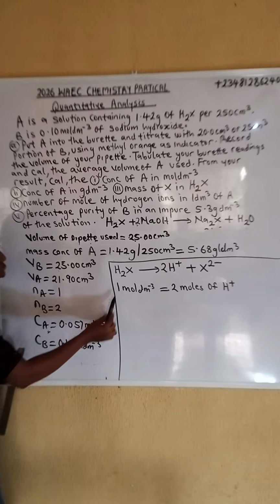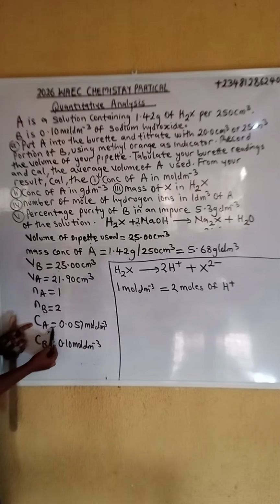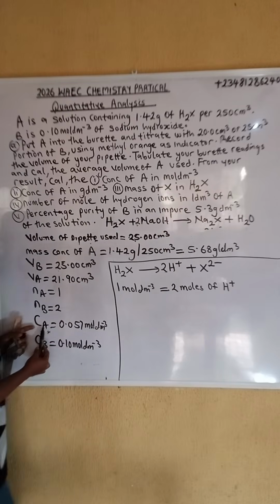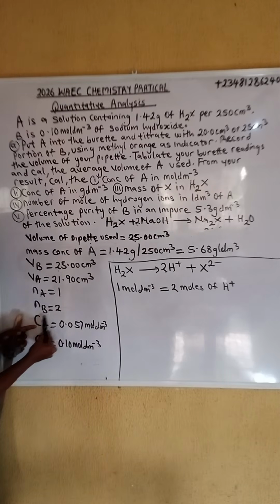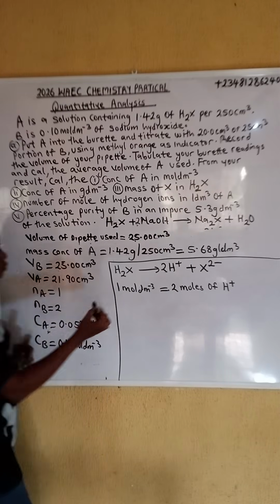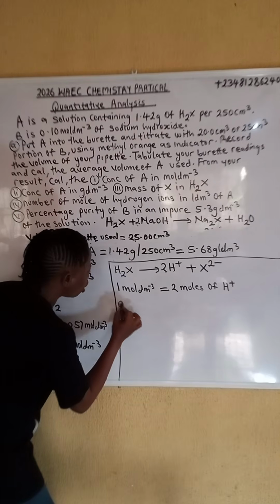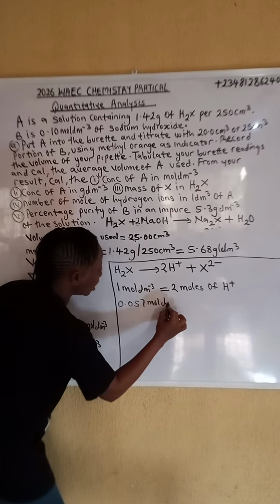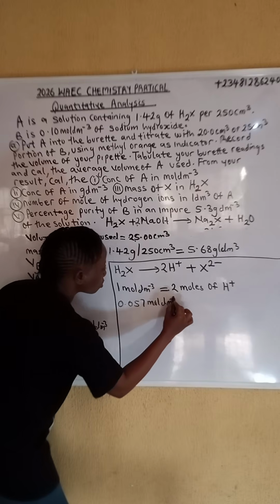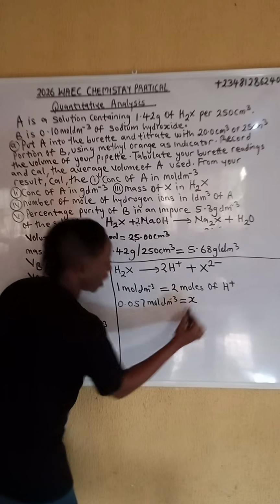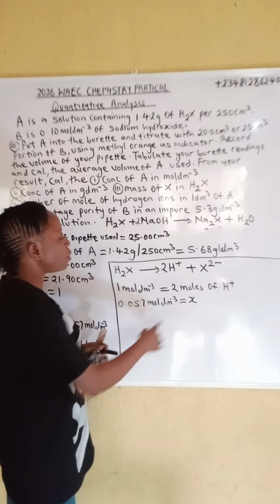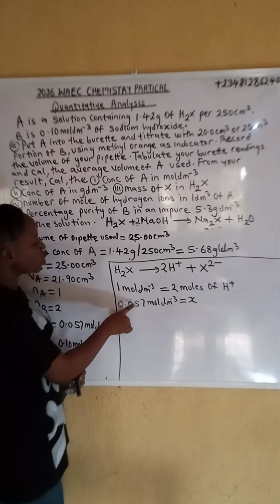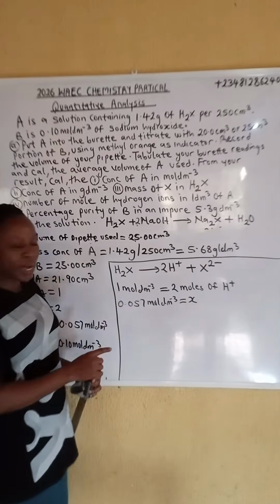Now we have gotten the molar concentration of the acid, because they say in mole per dm cube. We have gotten the molar concentration of acid to be 0.057. So you are going to say 0.057 mole per dm cube will now be equal to X. You are going to calculate the number of mole that is equivalent to this 0.057 mole per dm cube.